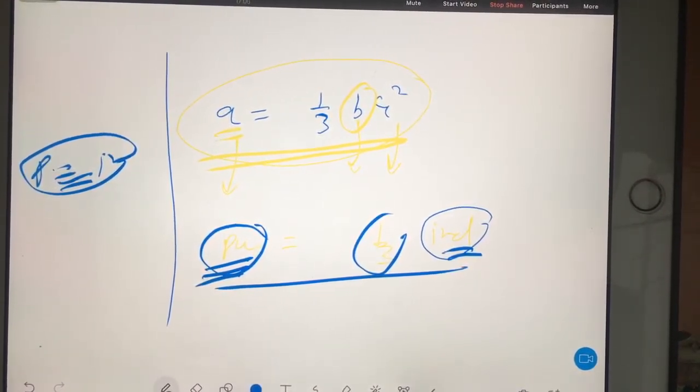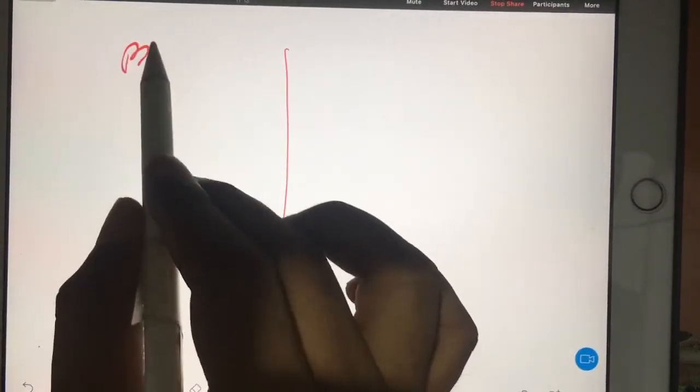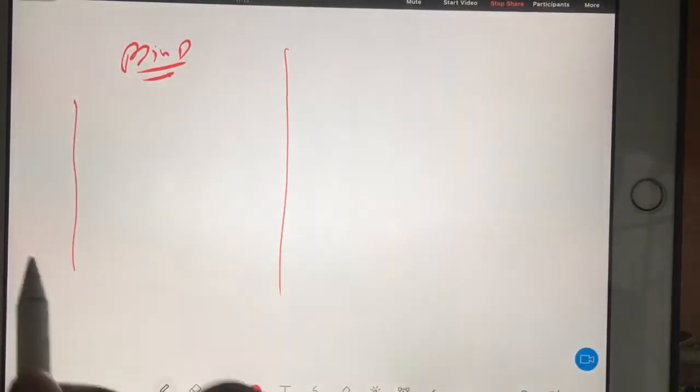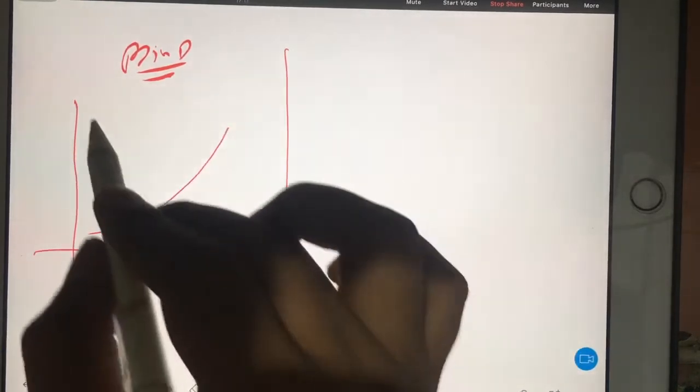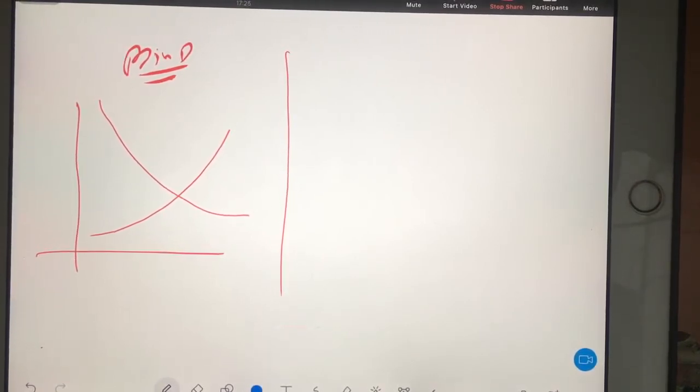Now, how will you understand this physically on the graph? So first thing, I will summarize again. See guys, in the case of the minimum drag condition, in this graph, you got one line like this, one line like this. Which line was the induced drag line and which line was the profile drag or parasite drag? Can anyone tick here?